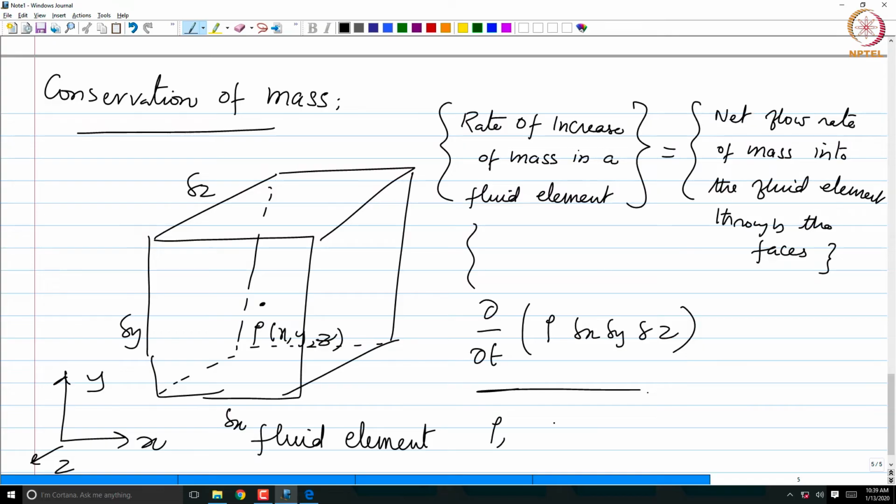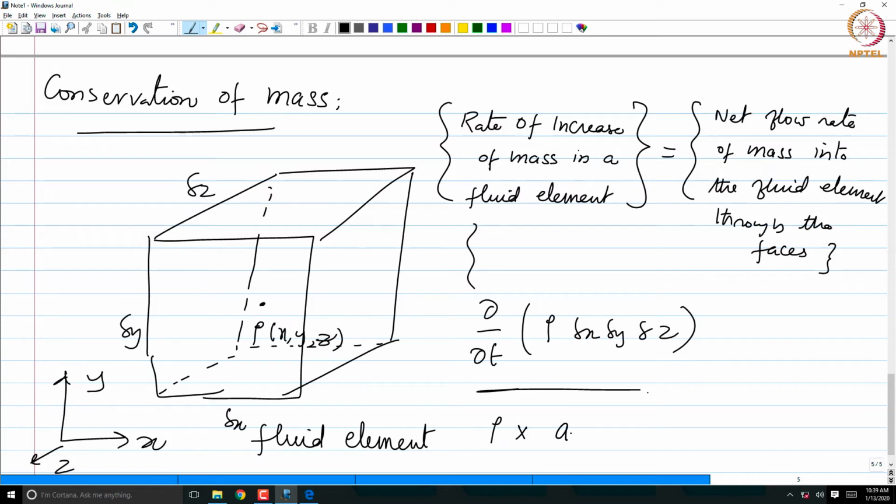The mass flow rate would be essentially density times the cross-sectional area times the velocity component that is normal to the surface that we are considering, right? Because whatever is not normal would not enter the fluid element. So that means rho times the cross-sectional area.